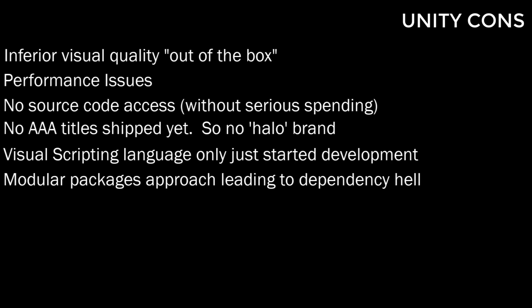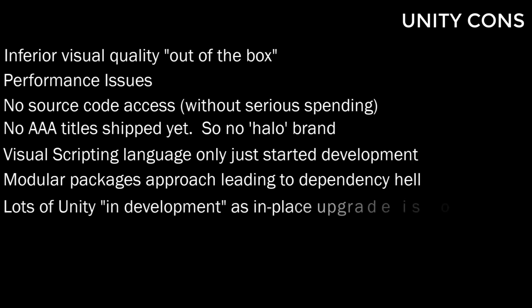And this is kind of another problem here. What they've done with Unity is that they could have basically stopped with Unity development and then created the next version, just sort of spun things off, or they could do an upgrade in place. And they went with the upgrade in place approach, which is kind of the opposite of what Unreal Engine did. When Unreal Engine went from Unreal Engine 3 to Unreal Engine 4, they basically did a complete tool rewrite. Unity wants to avoid that, so they're trying to do an upgrade in place.